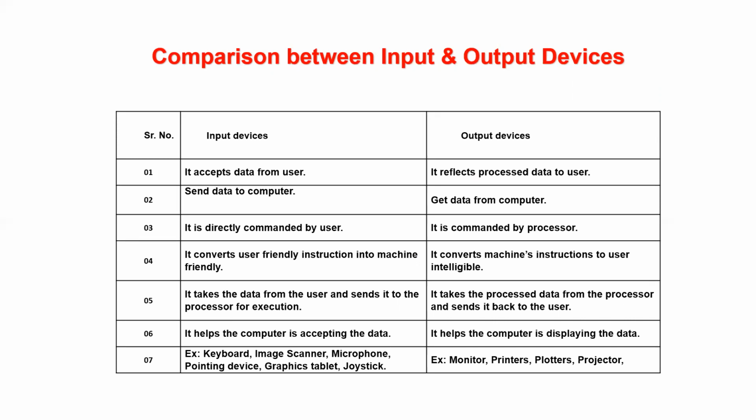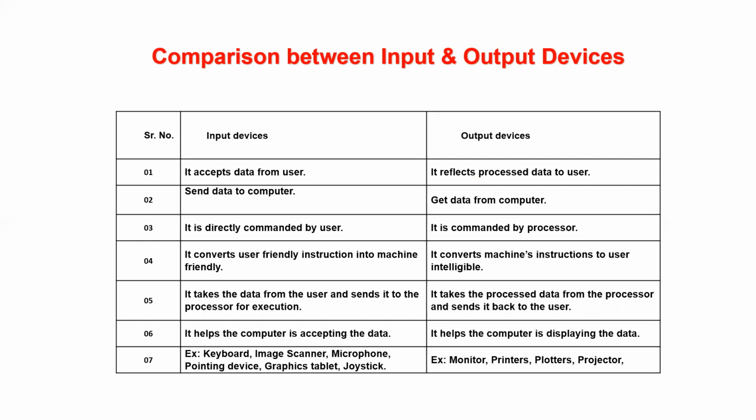The next point, an input device takes the data from the user and sends it to the processor for execution, whereas an output device takes the processed data, that is after the completion of the work, from the processor and sends it back to the user.